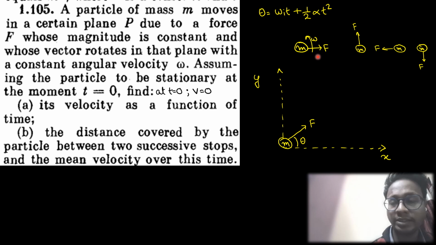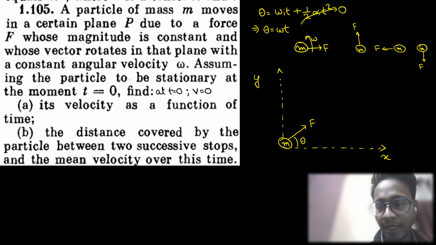Since the force is rotating with constant angular velocity, there is no angular acceleration, so this entire term would be 0, and the angular velocity is constant, equal to omega. So theta is equal to omega t, where t is the time after 0 seconds. The angle turned is nothing but the angular velocity of the force into the time for which you are calculating the angle, omega t.